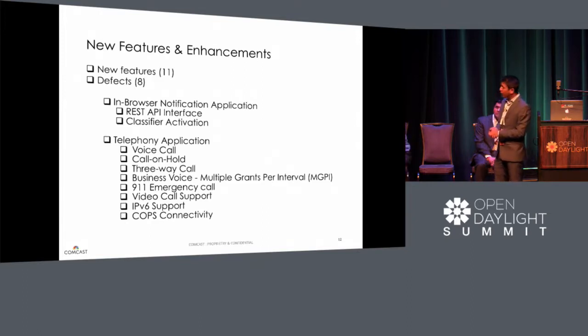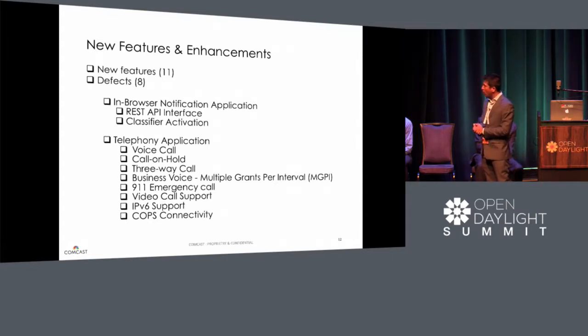And we have also implemented MGPI, which is a concept where, for commercial customers, you can group more than one call and, using the same service flow or pipe, deliver more. So we use it for our business class voice. And also, obviously, if you have an emergency call, that call needs to be prioritized. So in the CMTS, you can actually send the markings, which we have fixed.